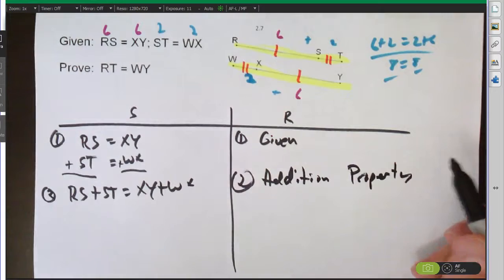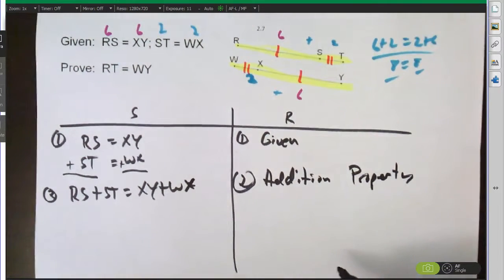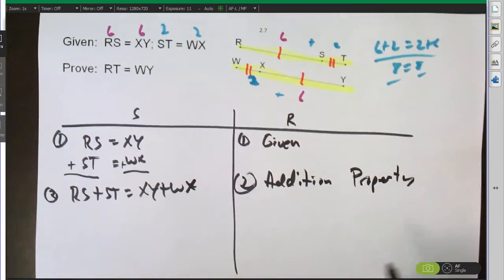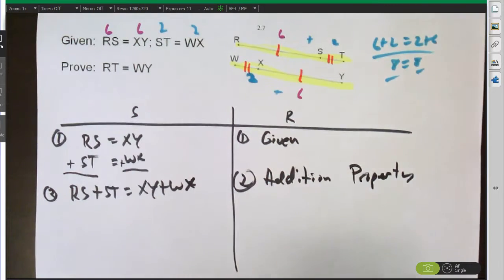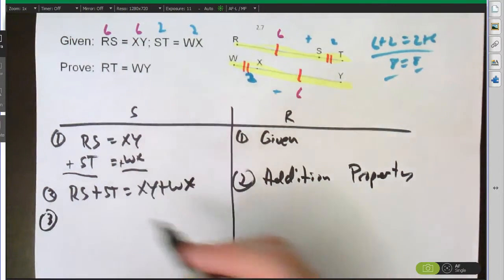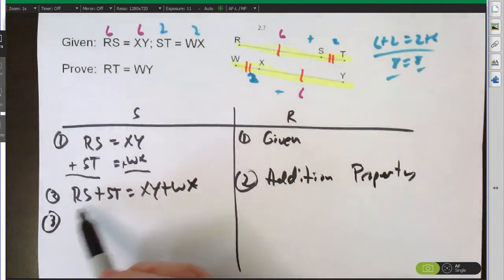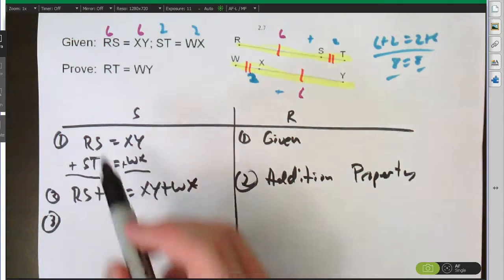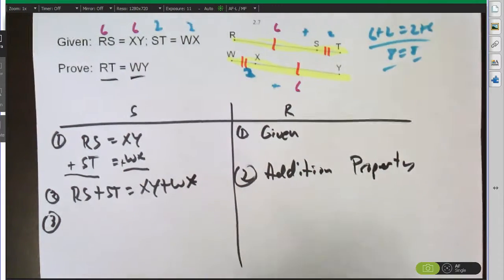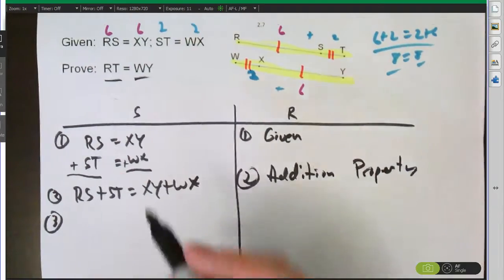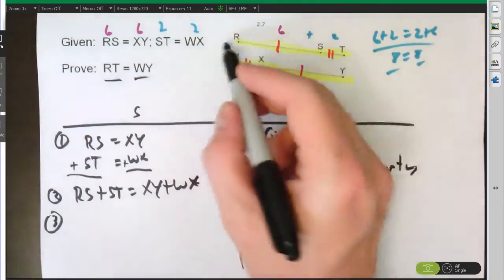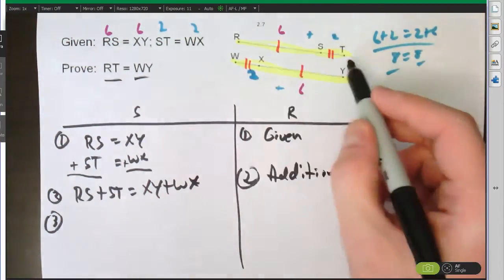Now, there are 2 steps left. This is the complicated step that no one ever really thinks they have to do. But my third step is going to be this. I haven't said anything about RT or WY yet. I need to bring them into the problem. Well, what I know is that RT is the two parts of it added up.